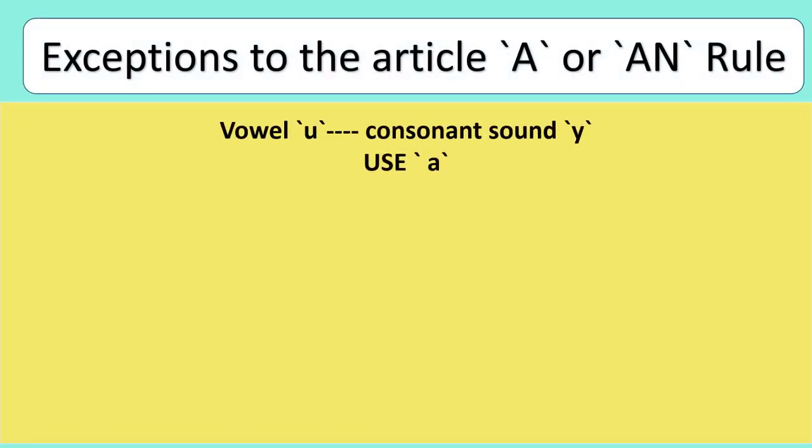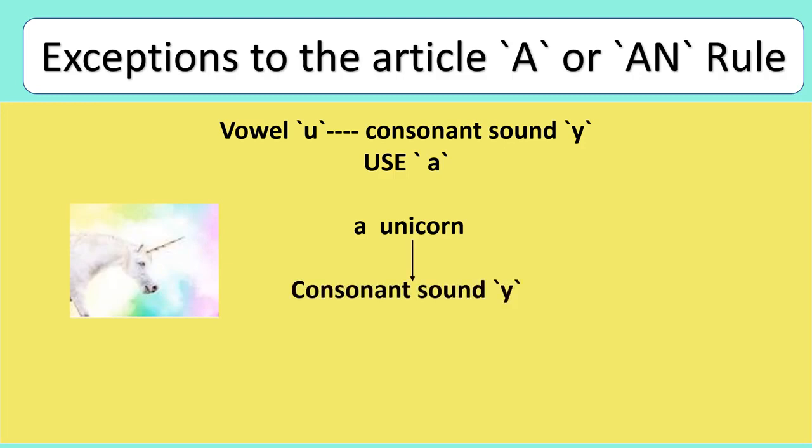There are some words which start with the vowel u, but they have the consonant sound y. So we use a before such words. Let us take the example of the word unicorn. This word unicorn is starting with the vowel u, but it has the consonant sound y. That's why I have used a before unicorn.